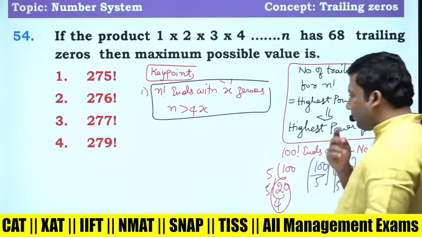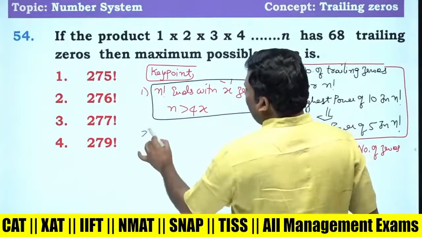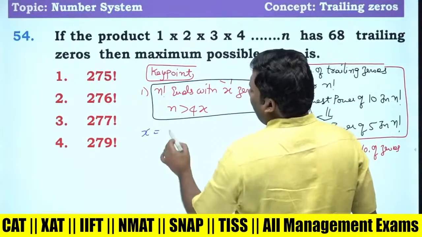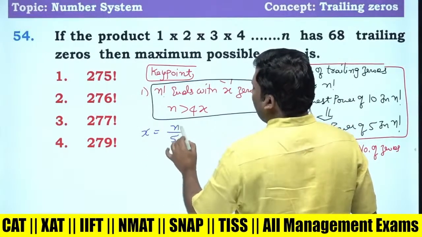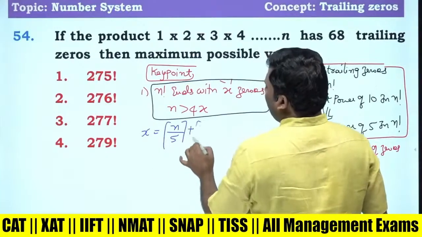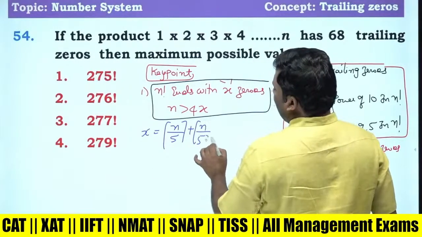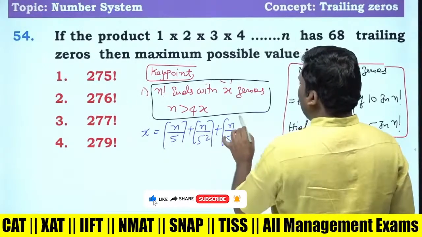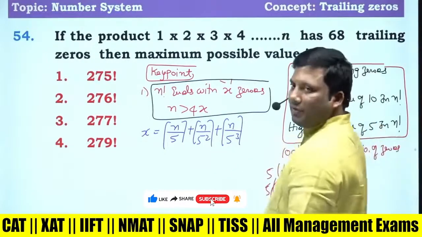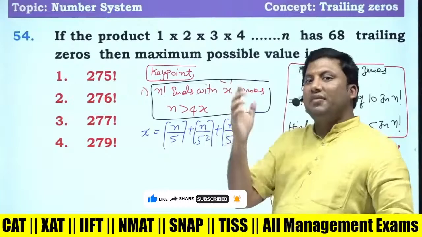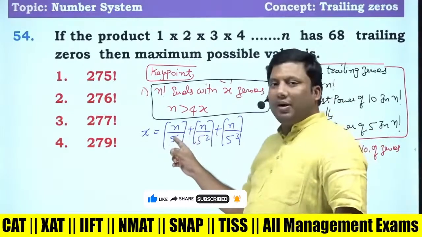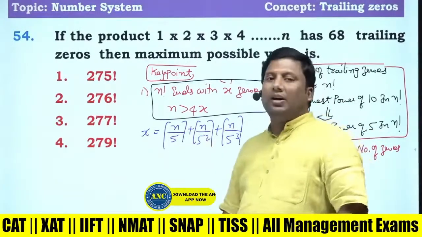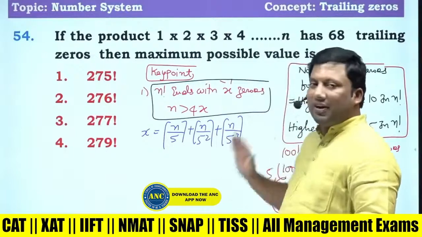That means, how to get the number of zeros at the end for factorial? First divide by 5. Then divide by 5 square. Then divide by 5 cube. Keep on dividing till you cannot further divide. Suppose if n is 75, 75 by 5, 75 by 25, you cannot further divide.